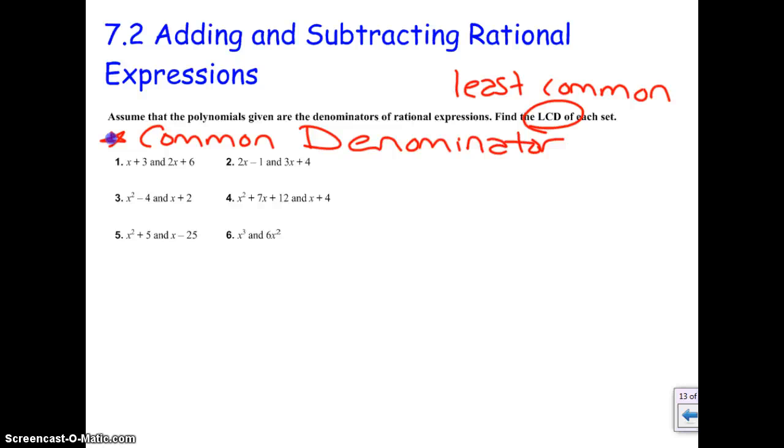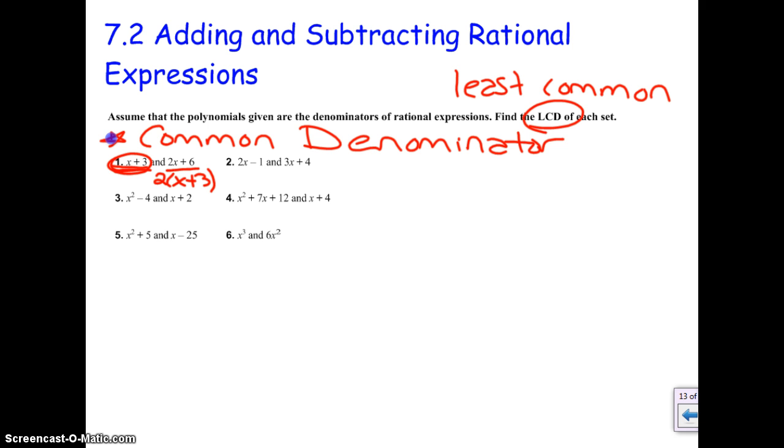If this is one denominator and this is the other denominator, again, our first step is going to be to write these as factors. So x plus 3 is already factored. 2x plus 6, I can take the 2 out and then write it as 2 multiplied by x plus 3. So what the two polynomials have in common is the x plus 3 part, and then they need the additional 2 because this first one doesn't have a 2.